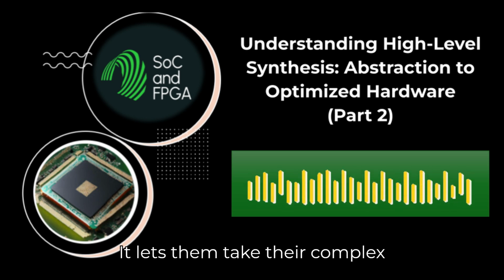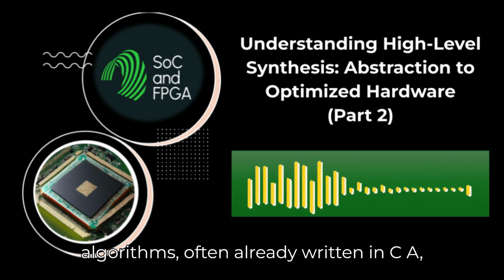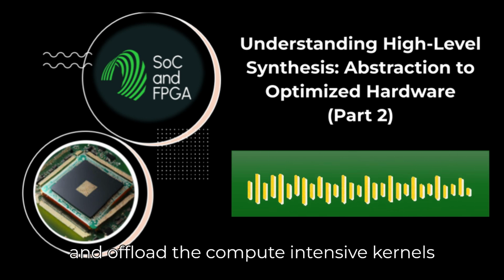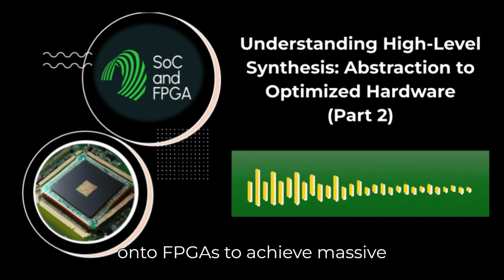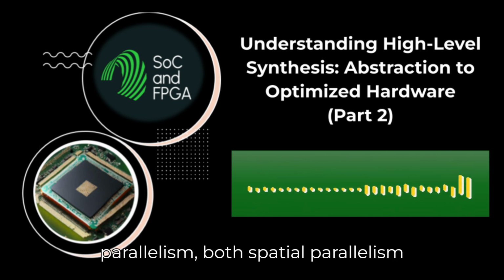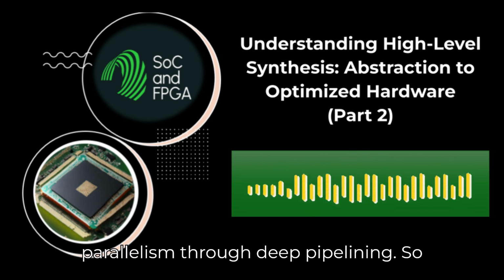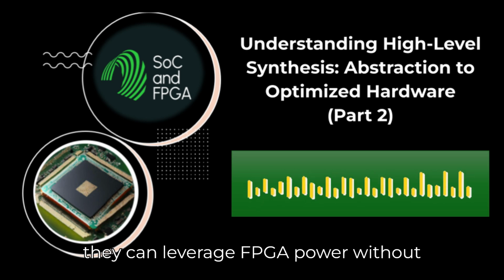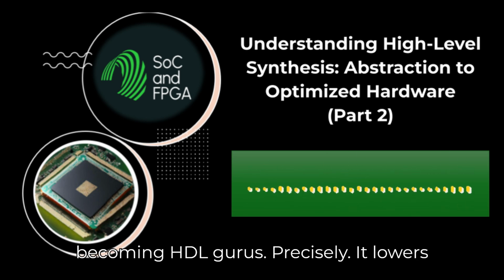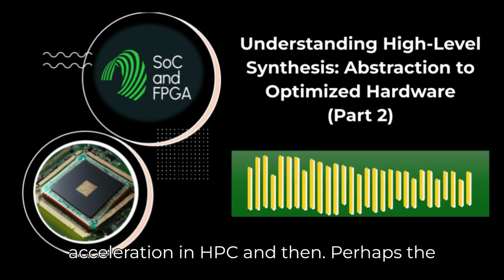It lets them take their complex algorithms, often already written in C++, and offload the compute-intensive kernels onto FPGAs to achieve massive parallelism, both spatial parallelism from replicating units and temporal parallelism through deep pipelining. So they can leverage FPGA power without becoming HDL gurus. Precisely. It lowers the barrier to entry for hardware acceleration in HPC.